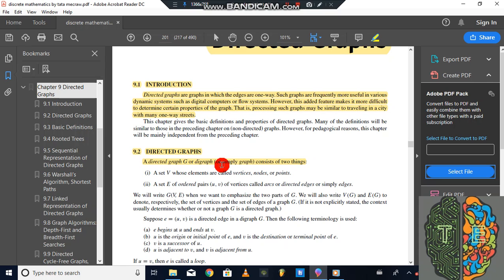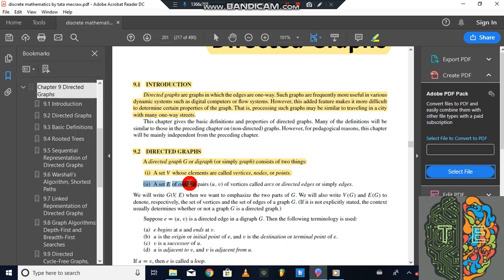The directed graph consists of two things: a set V of vertices, whose elements are called vertices, nodes, and points. Remember this, recall this. It is necessary and mandatory in the graph, and also in the directed graph.